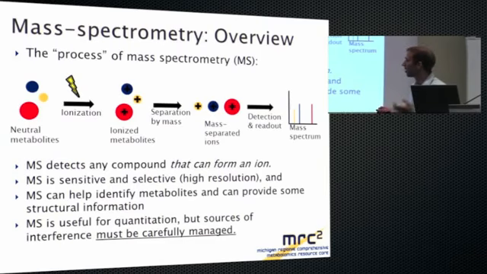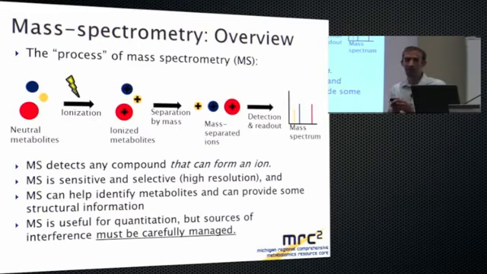So the process of mass spectrometry requires that we convert a neutral metabolite into an ion. And we do that by a process called ionization, not surprisingly. And there's a variety of different modes of ionization that a particular instrument may use to form ions. The reason for pointing that out, though, is that not absolutely everything will form an ion under every mode of ionization.